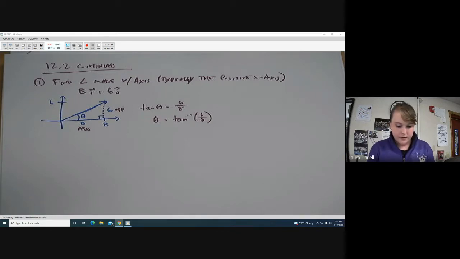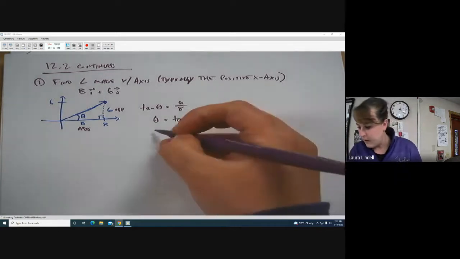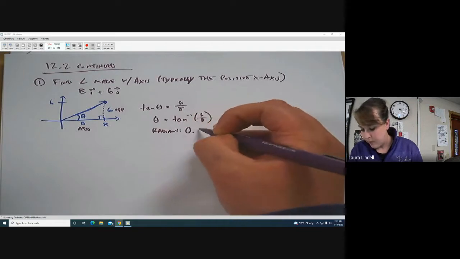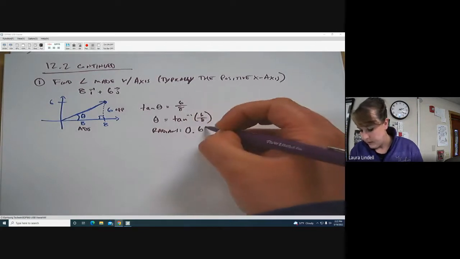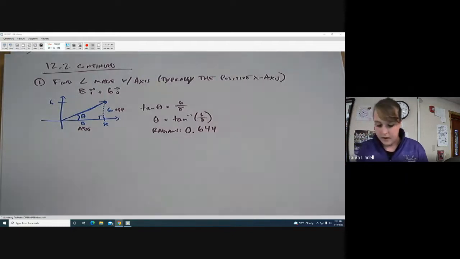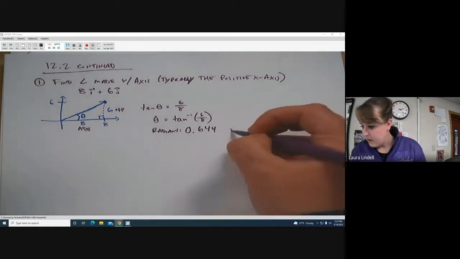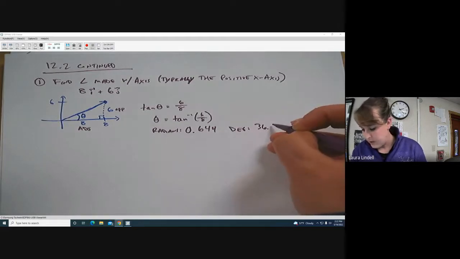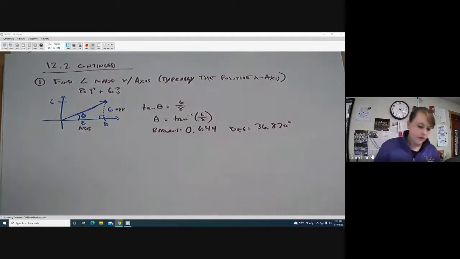Inverse tangent of 6 over 8. If you want it in radians, that would be 0.644. And then in degrees, we get 36.870 degrees.